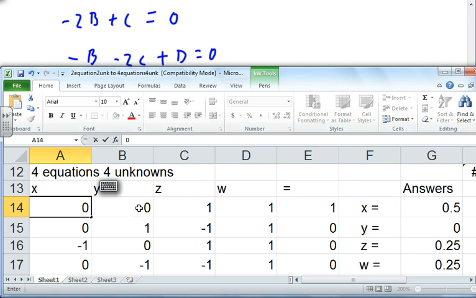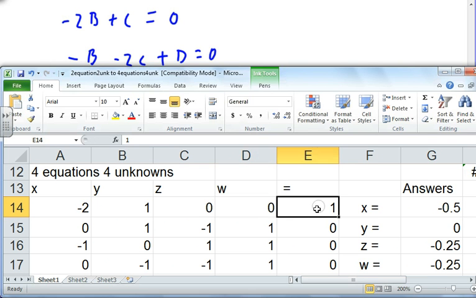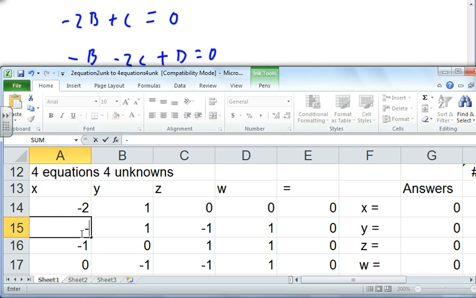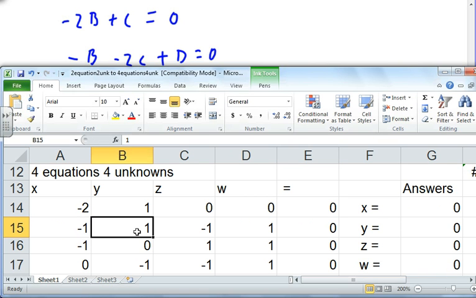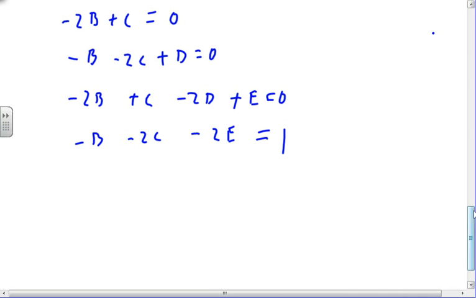Okay, the first equation is 2, 1, 0, 0, 0. Second equation: minus 1, minus 2, 1, 0, 0.